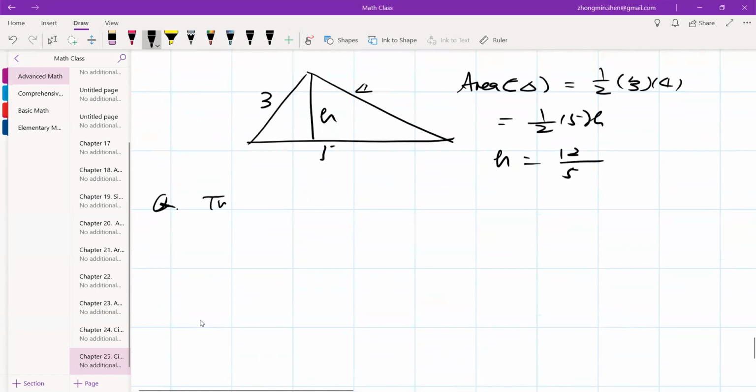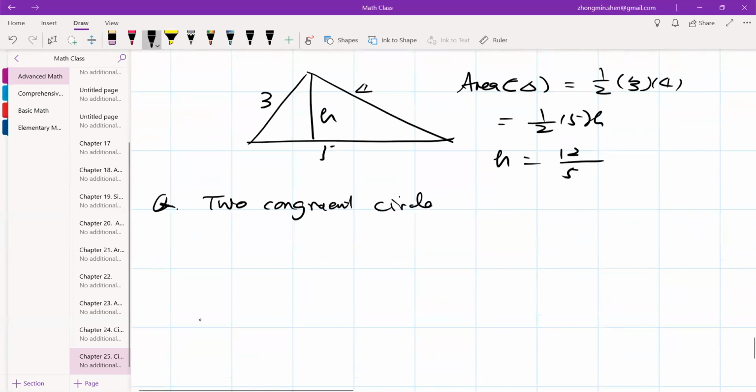I have two congruent unit circles. Maybe make it easy, I'll just use radius 2. Make the computing a little easier.